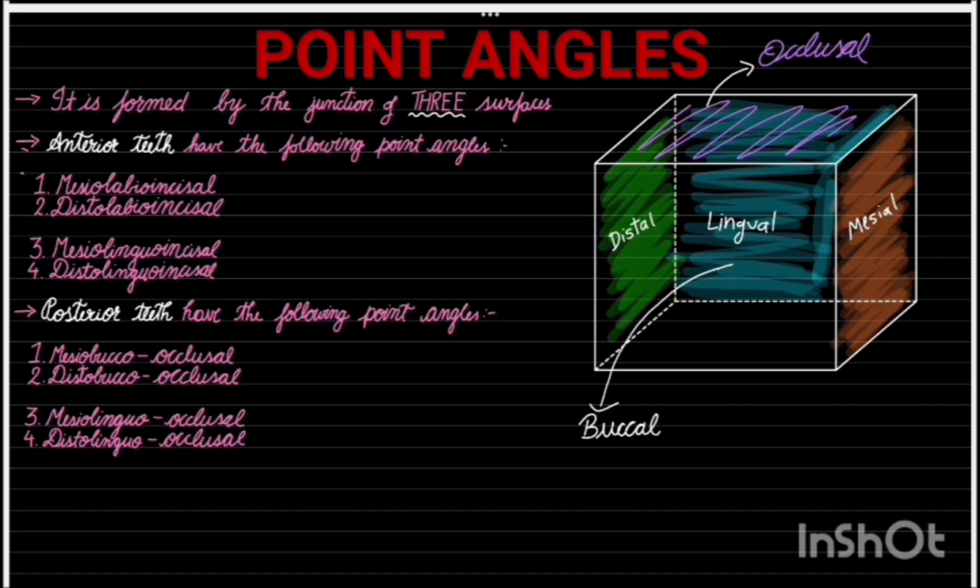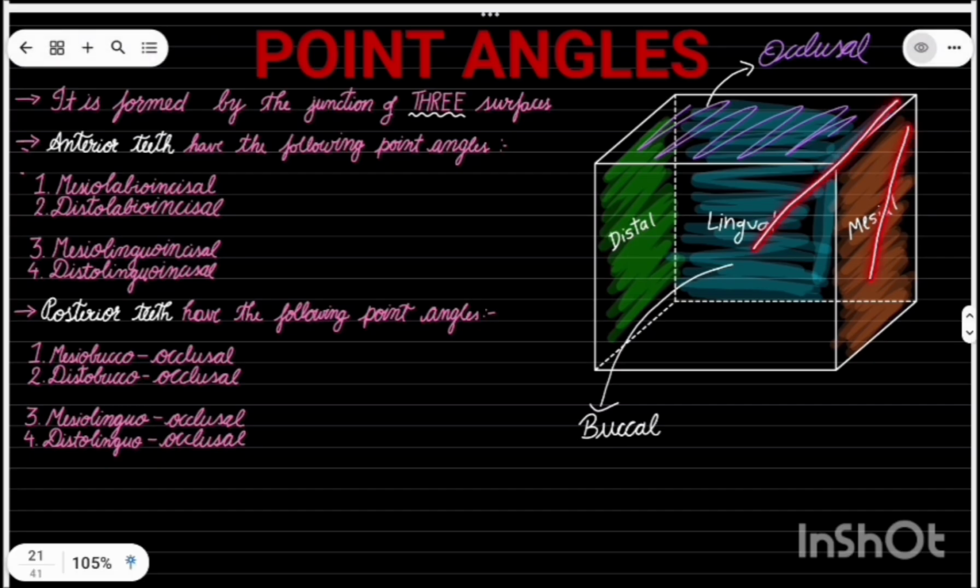Then we will have the mesio-linguo-incisal point angle. We have the disto-linguo-incisal point angle in the anterior teeth. So we will have 4 point angles in the anterior teeth.